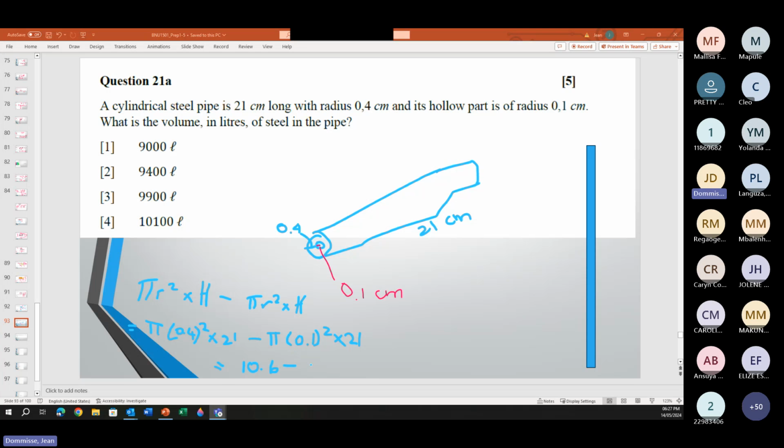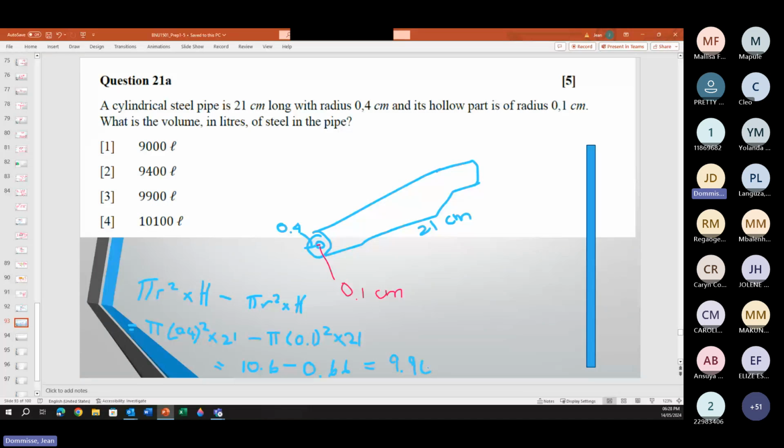So it would have been nearly 10.6 minus 0.66 if I'm looking at just that. So it's about 9, and now depending on how we rounded it off, 9.94.